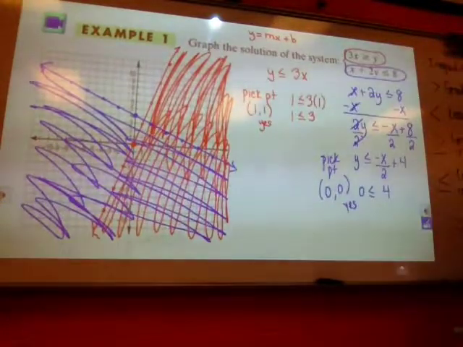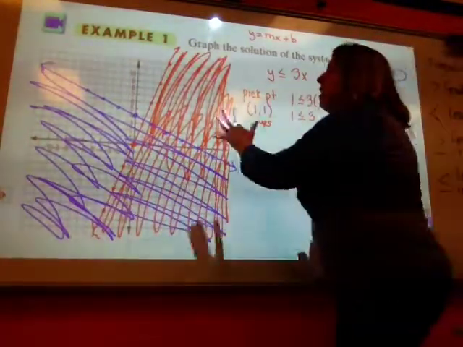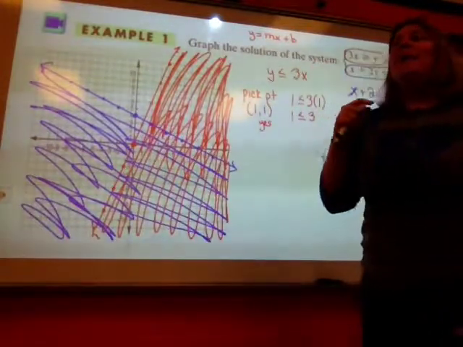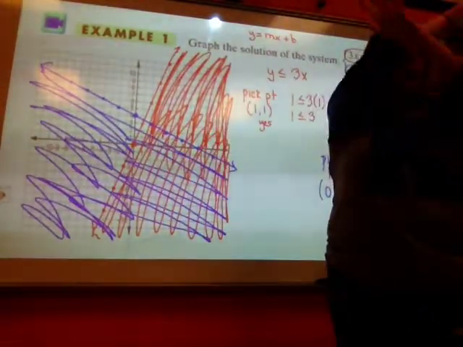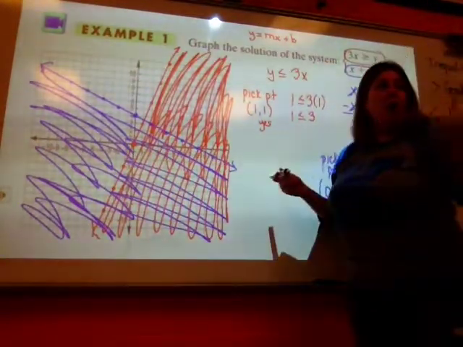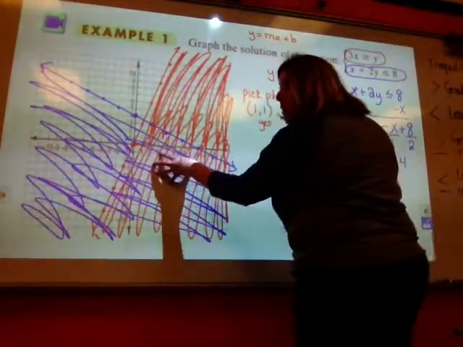All right. So what I'm really looking for is the region that works for both, which means I'm looking for where my two shaded regions cross. Where do my two shaded regions cross? All right here. Does everybody agree with that?